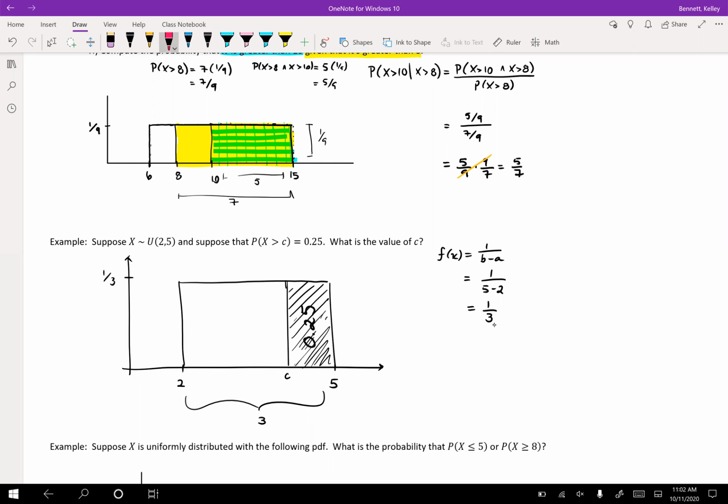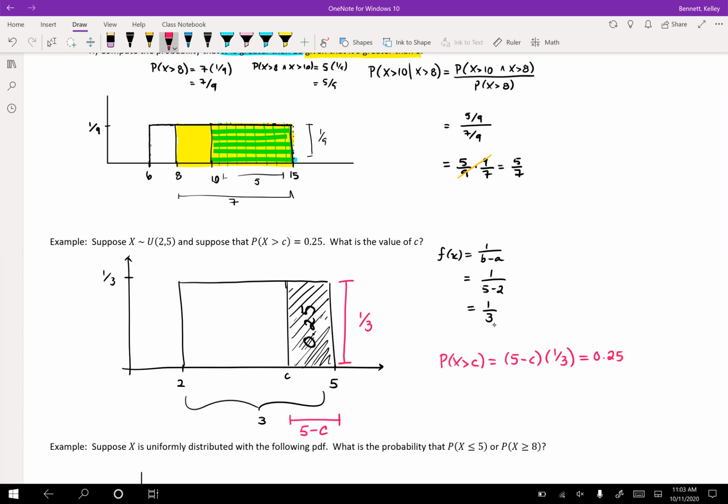Our base here is 5 minus C. Our height is 1/3. So this area, we've got the probability that X is greater than C. I know it's equal to 0.25, but I also know it's equal to this area. So I get 5 minus C times 1/3 equals 0.25.